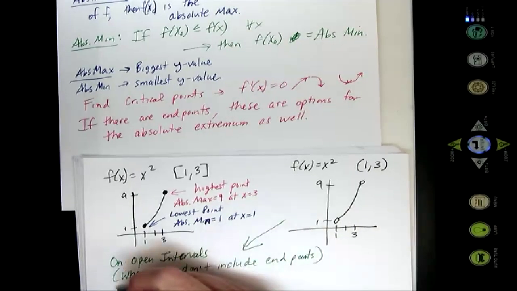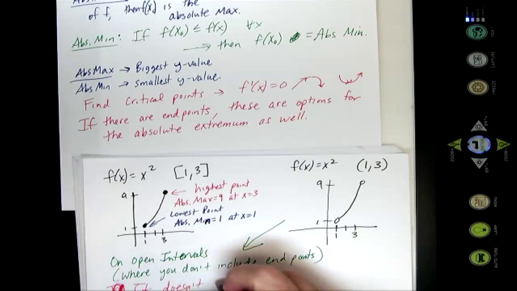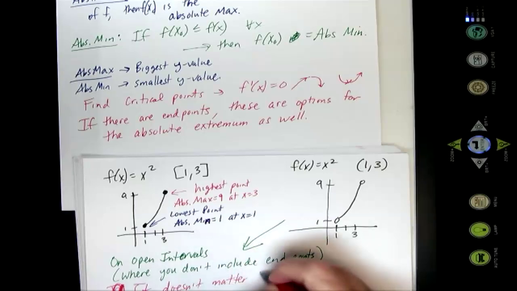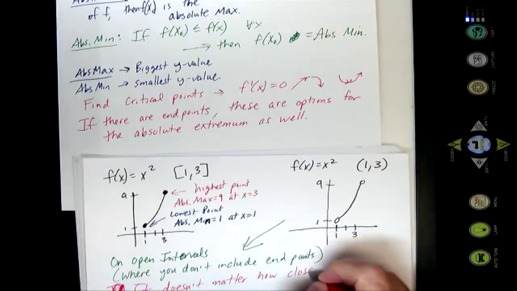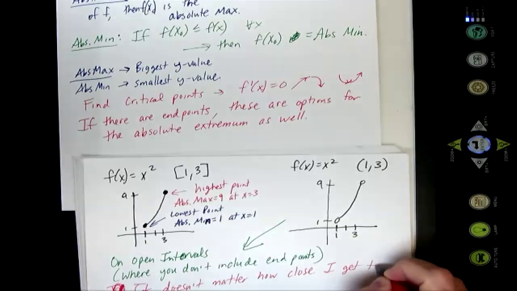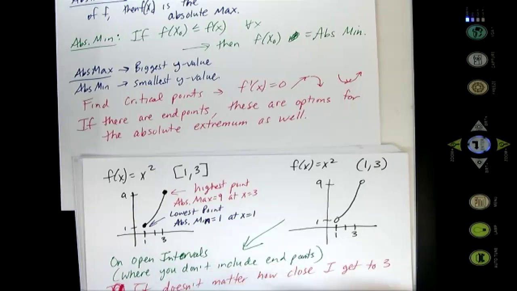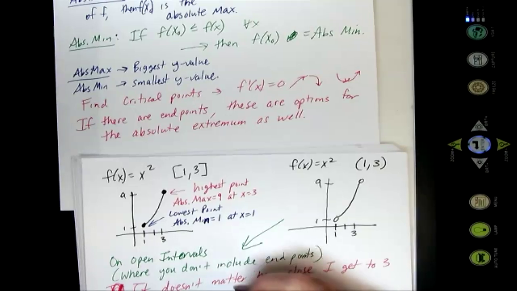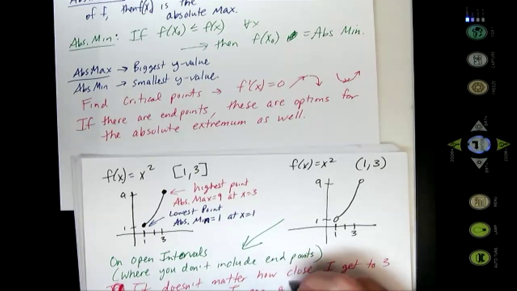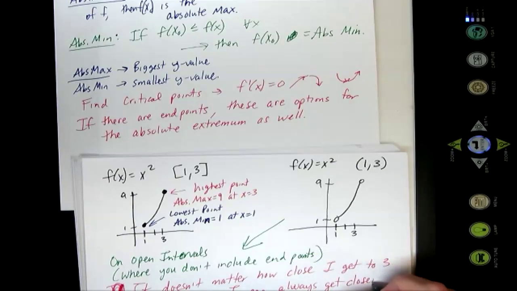It doesn't matter how close I get to 3. Like say 2.99999999, I can always get closer with more decimals.